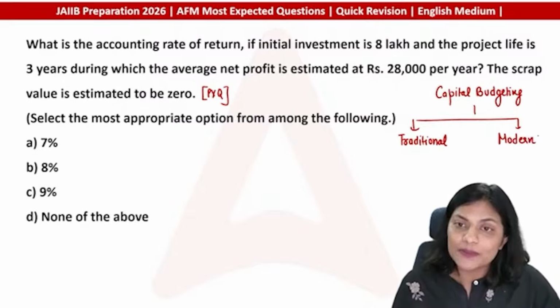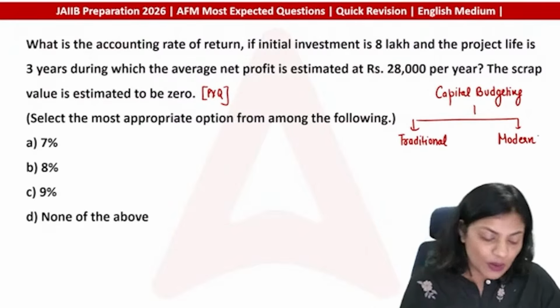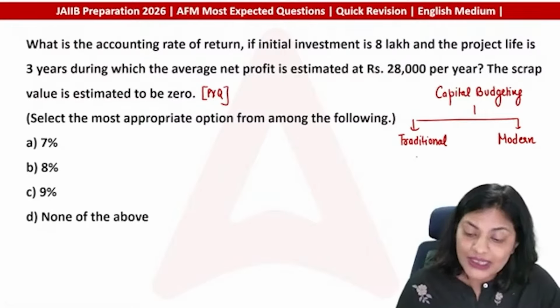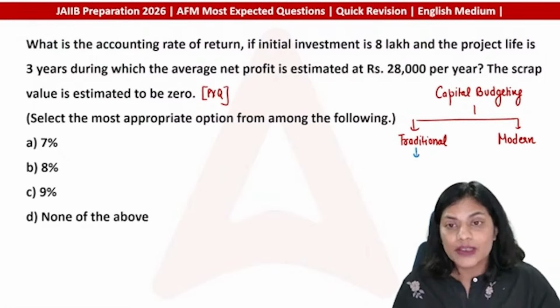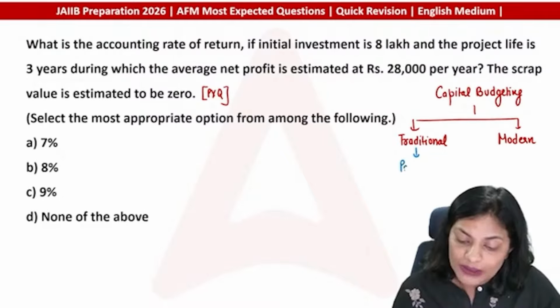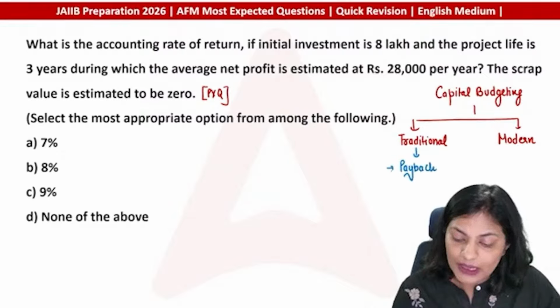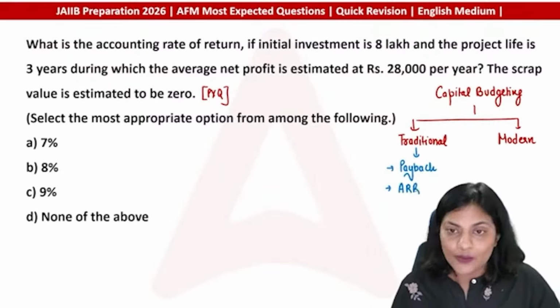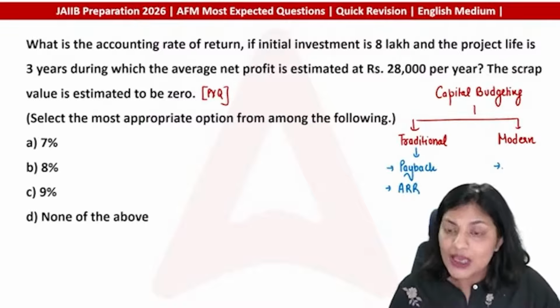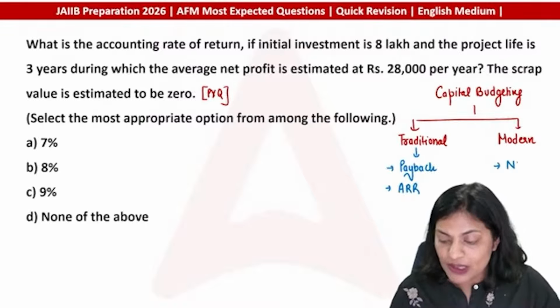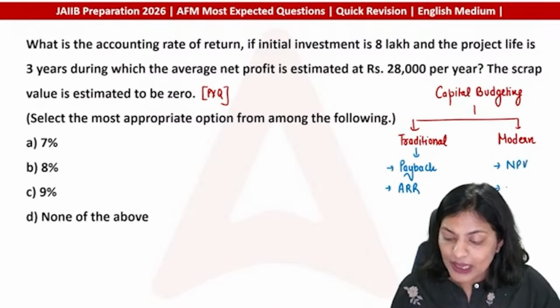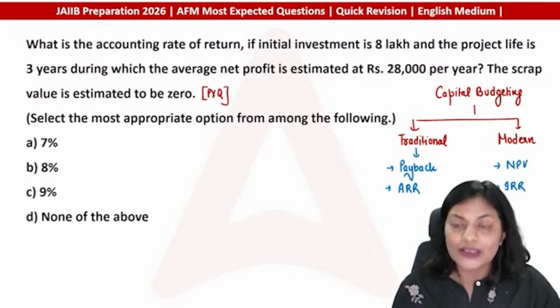Now, the traditional techniques have two methods, which are payback and ARR, that is accounting rate of return or average rate of return, whereas modern has multiple methods, but again, in your syllabus, you have only two, that is NPV and IRR.